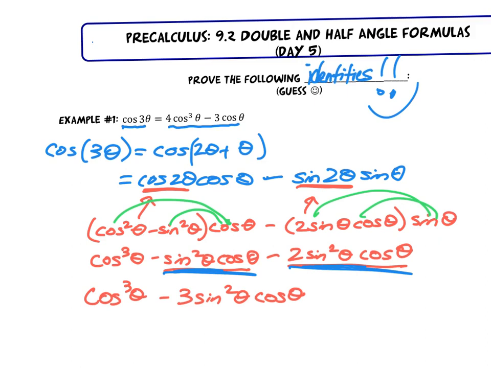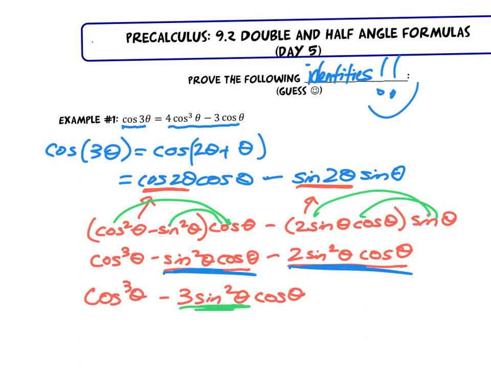All right, now, it looks like I'm all simplified, but notice that we want to prove that the cosine 3 theta is equal to this stuff on the right. Do you see any sines here? No. So I have to get rid of the sine, but we know that sine squared theta, according to our old school identity, is 1 minus cosine squared.